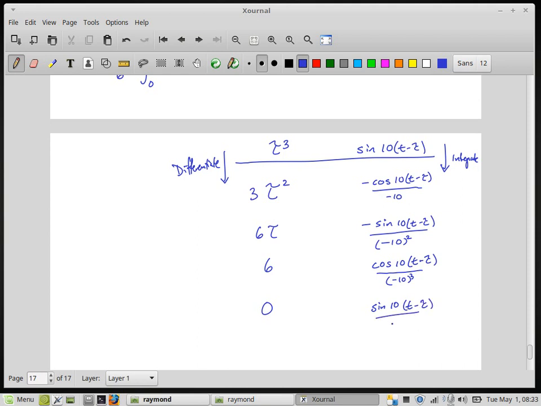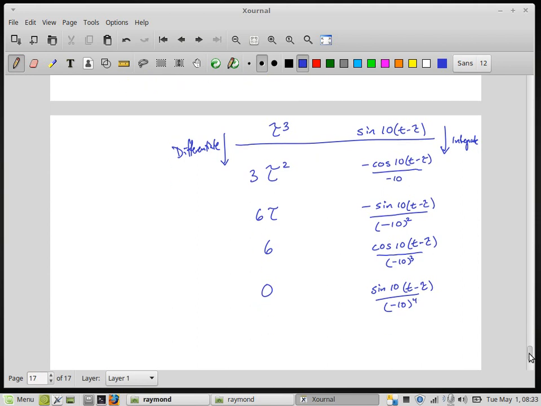All right, now the next step we do with the tabular method is line up the terms using this diagonal connection and alternating signs. And this is a way of doing the uv minus integral of v du, and then this becomes a v u minus integral u dv.